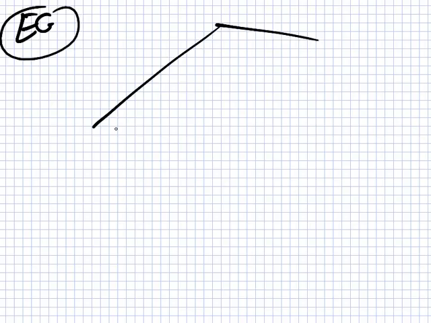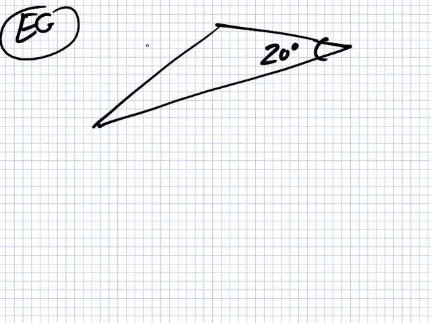So let's see here. Let's say that this angle is 20 and this side is 6 centimeters. The angle I want, I'll call it x, and we'll say this side is 8 centimeters.